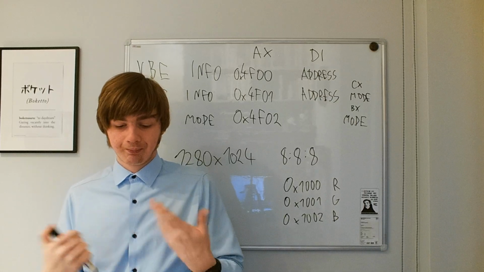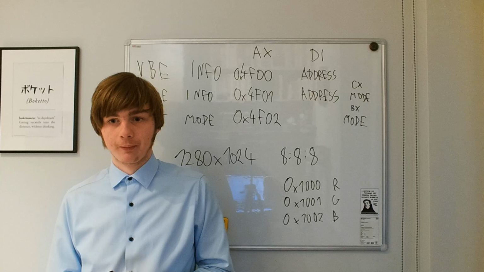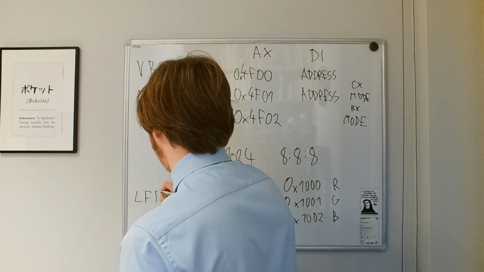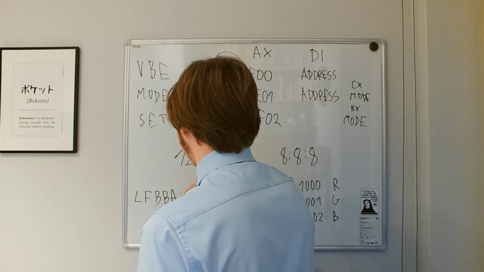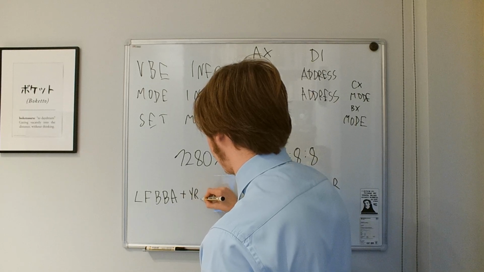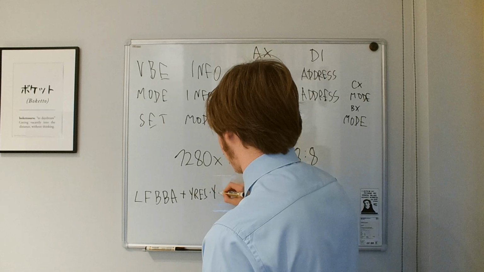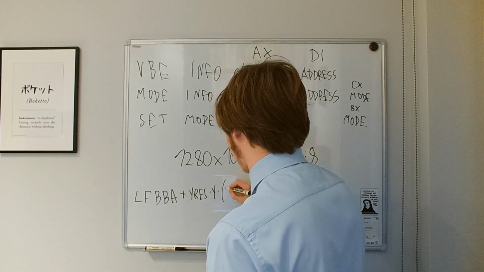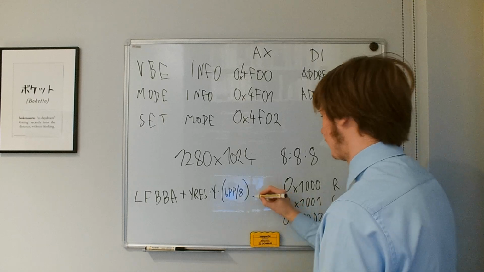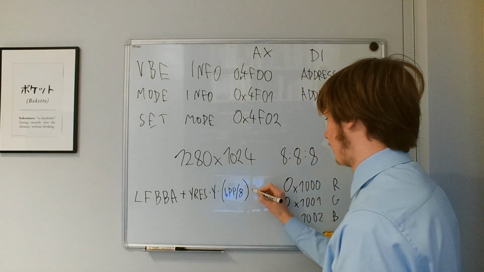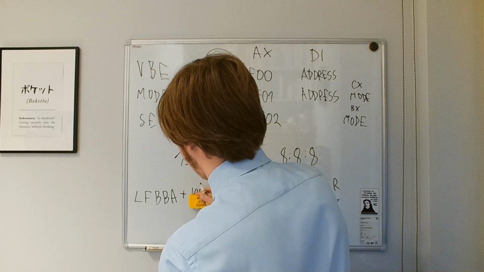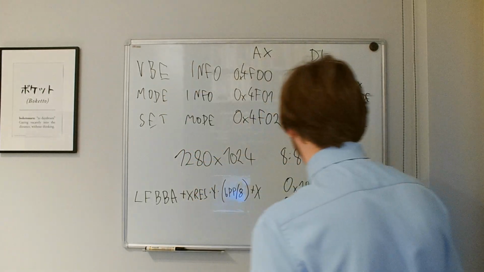So obviously you would have to move through, so you have your linear frame buffer base address, and you would add your Y times, well, bytes per pixel divided by 8, and then plus X times, well, no, this isn't the Y resolution, this is the X resolution, size of one row.